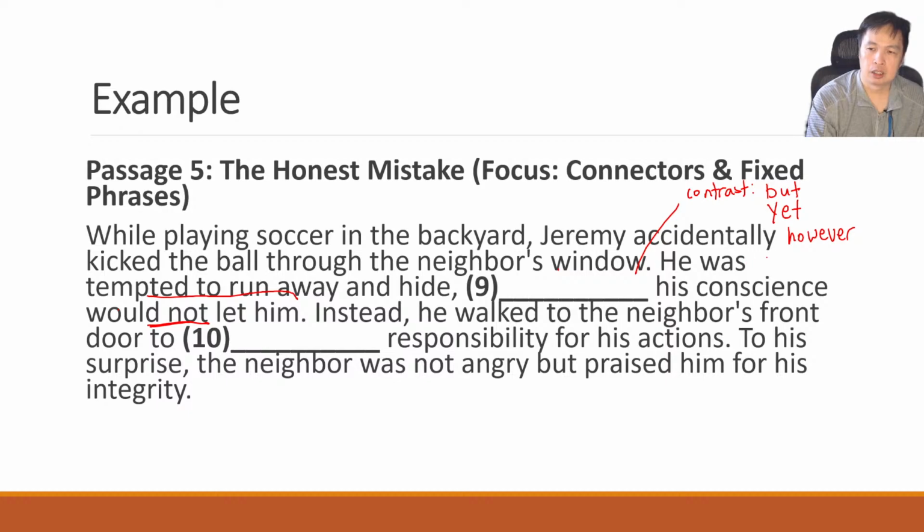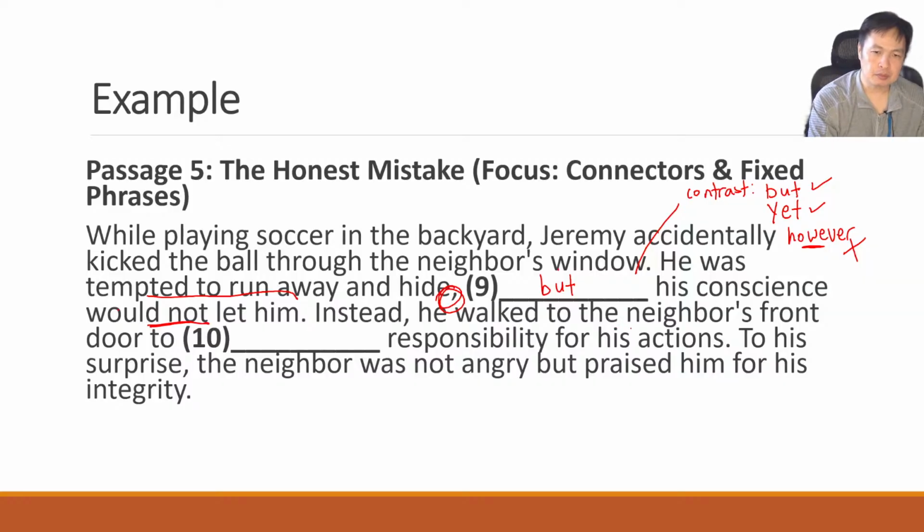But we know that however can only be used at the beginning of a sentence, and this is not a full stop but a comma, so this is out. So that leaves us with but and yet. I'm going to choose just one of them as my answer: but his conscience would not let him.